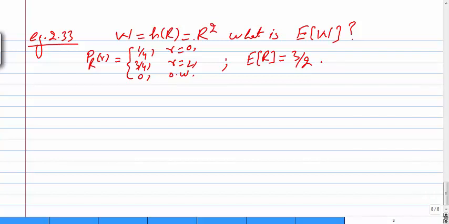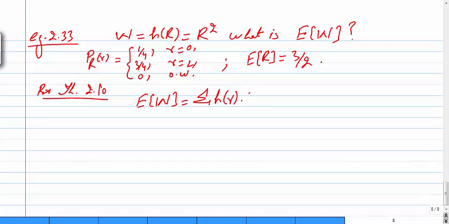Now the question is, can we solve it directly? If we apply theorem 2.10, it says that the expected value of W is equal to the summation of the function, if you remember, h(R) times the PMF of R. We apply this theorem instead of directly applying the formula.